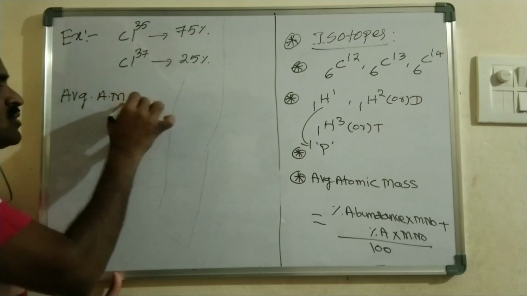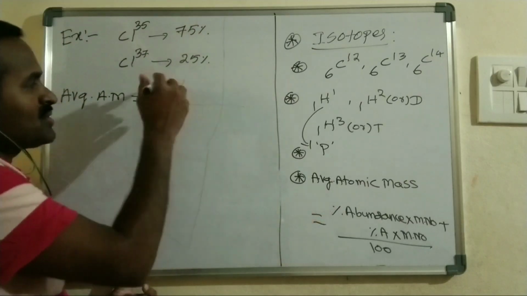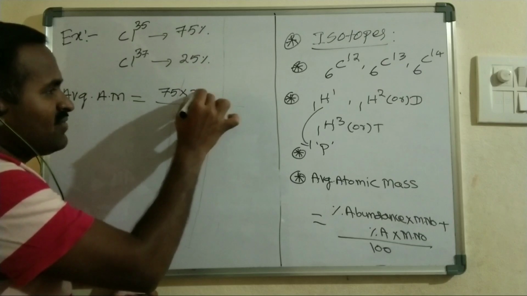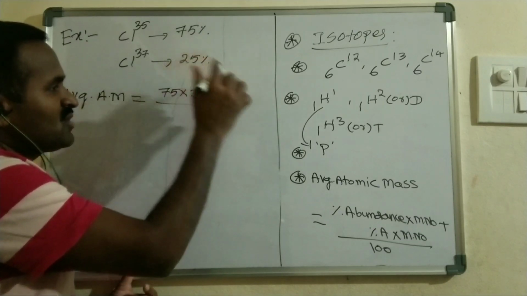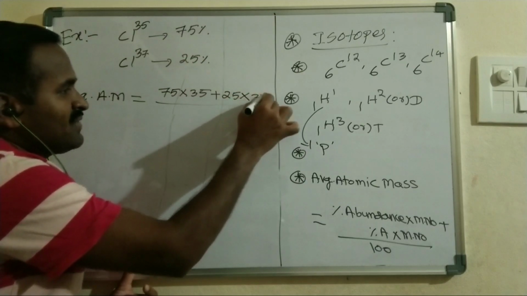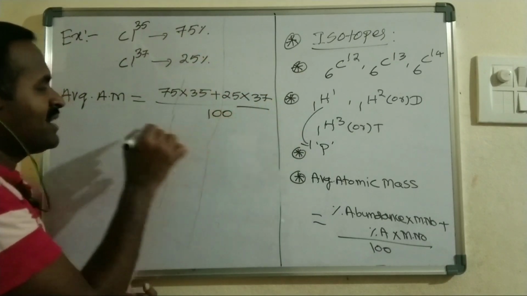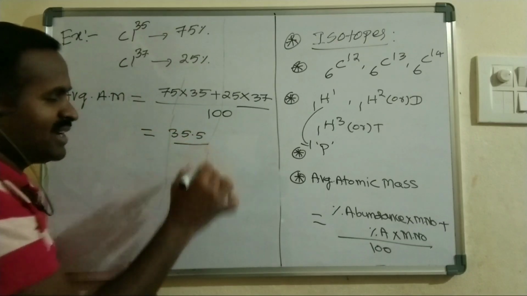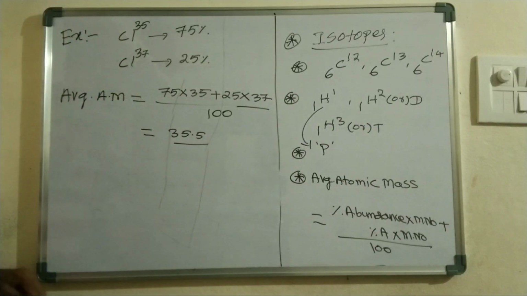For chlorine 35, the percentage of abundance is 75, so 75 into 35, plus the second isotope, 25 into 37, and the overall percentage of abundance is 100, so divided by 100. On simplification you will get 35.5 as the average atomic mass of chlorine, right?